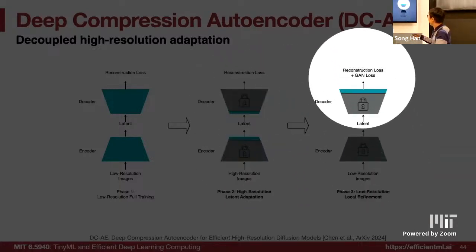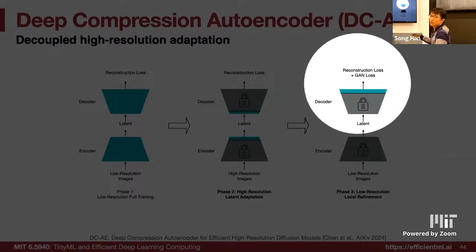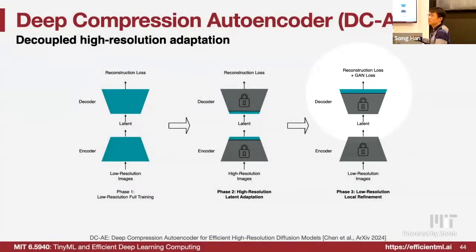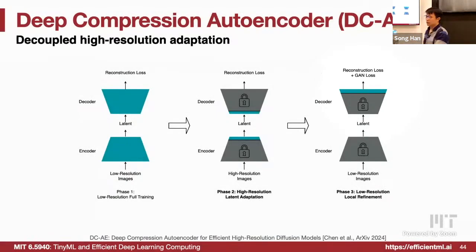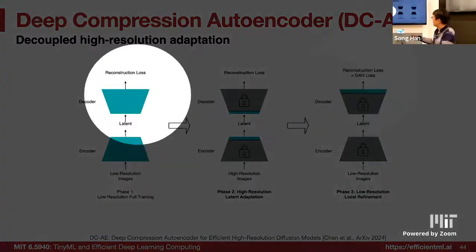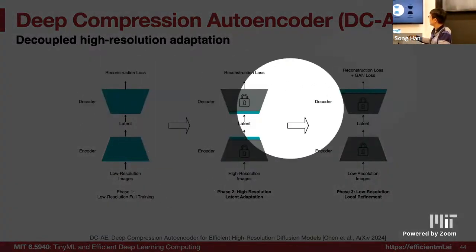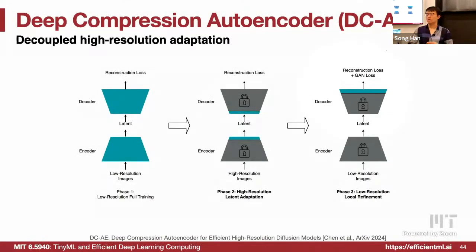And finally, we add this GAN loss to further polish, doing some refinement only on the last layer of the decoder, since that's only related to the low-level features. So we do such layer-wise sparse tuning, not tuning all the layers, but sparsely tuning the middle layers or the late stage, to save computation and make it very fast to train such an autoencoder.